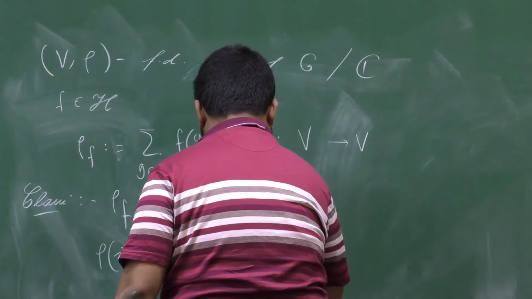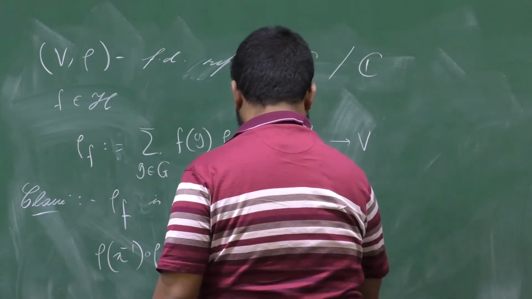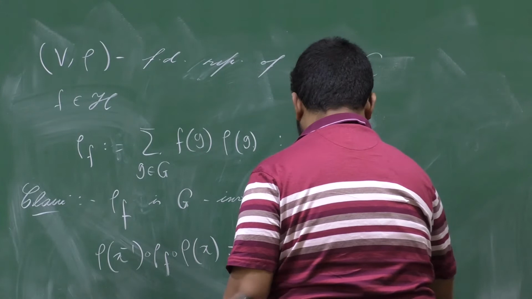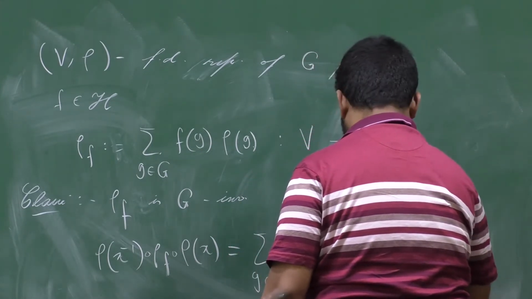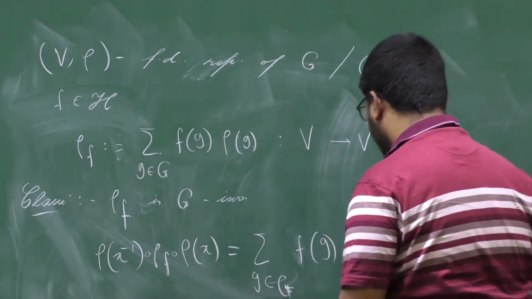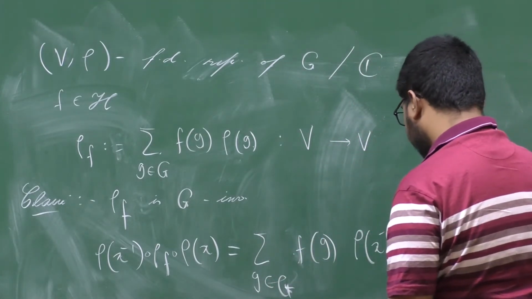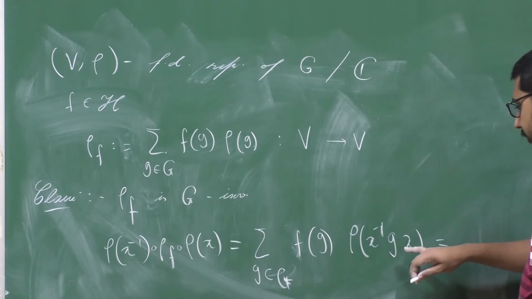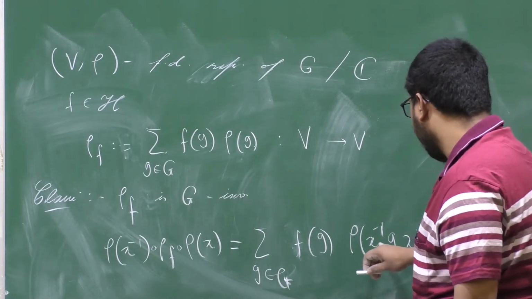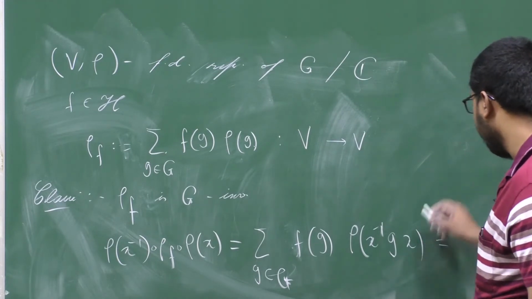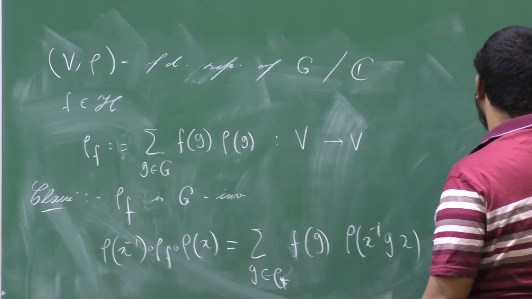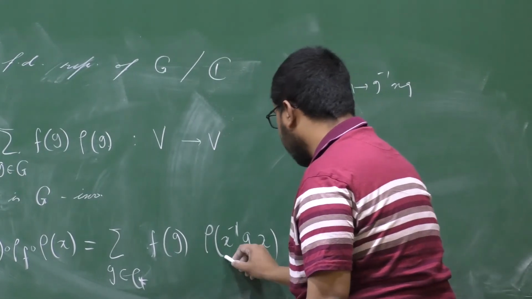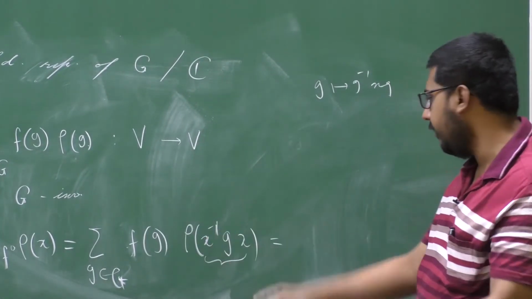That is nothing but the sum of f(g) times rho(x inverse g x). Try to understand that when x is fixed, g going to x inverse g x is actually an automorphism of G. So varying g, we basically obtain all the elements of G, perhaps in a different order.